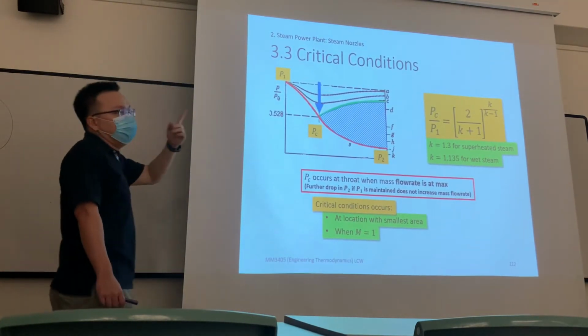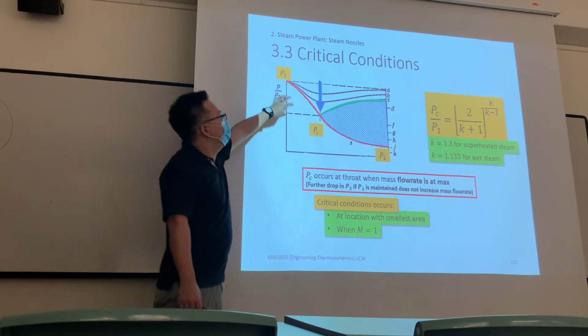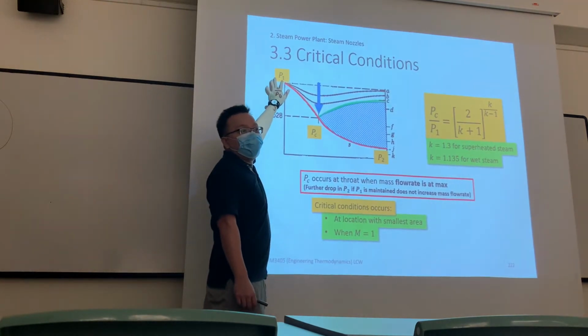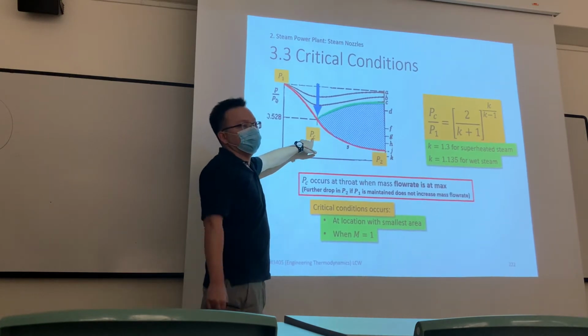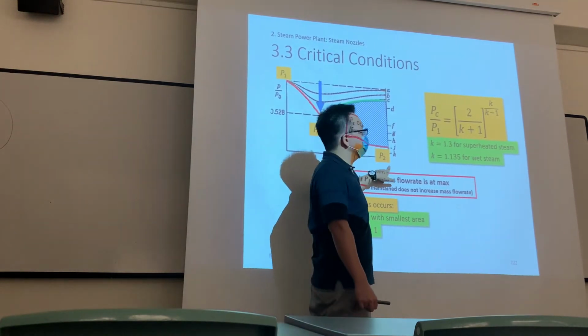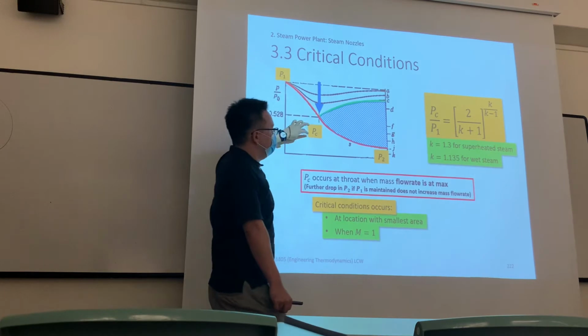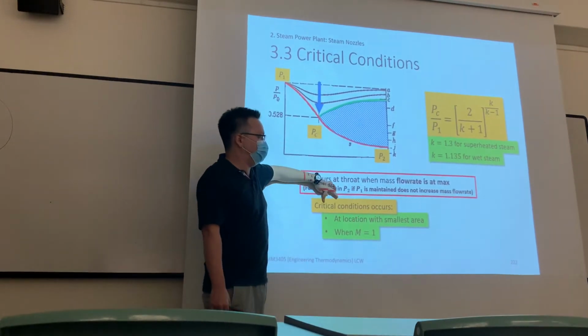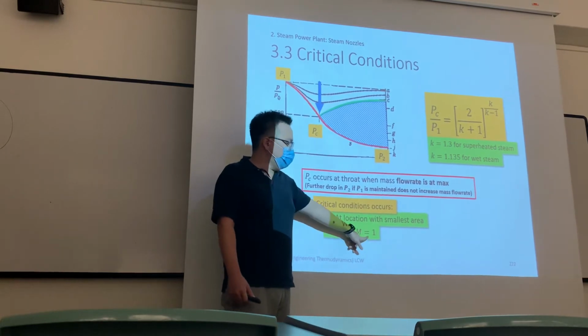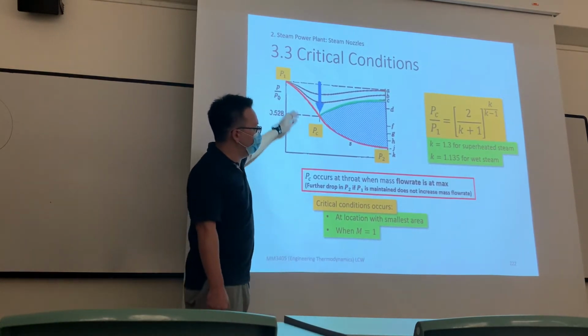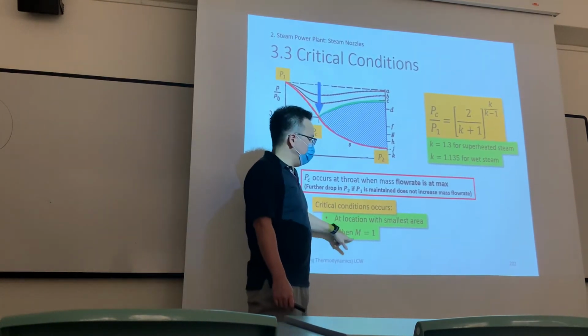Okay, so I just want you to take note of the notation we use. Inlet is point 1, throat is point C, here is point 2. Throat is called C simply because it's actually known as the critical condition: the location with the smallest area, where Mach equals 1. So when you have the design condition, your Mach number is 1.